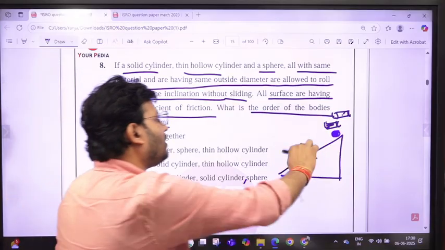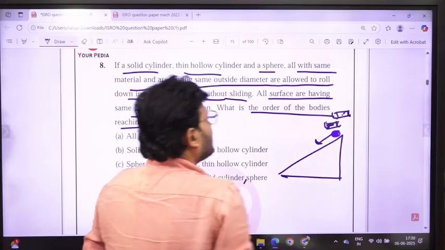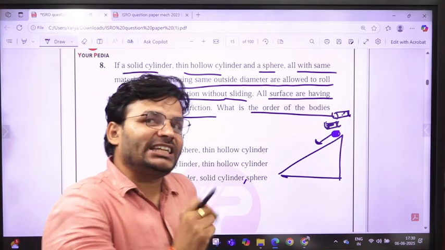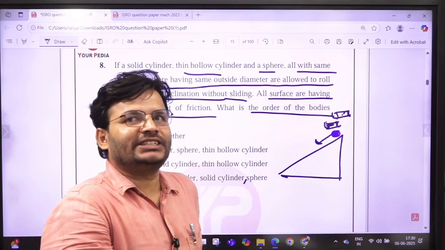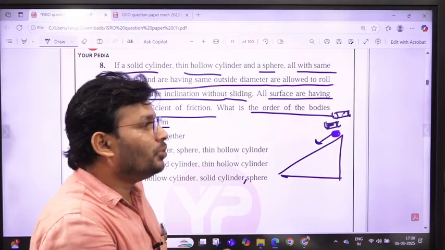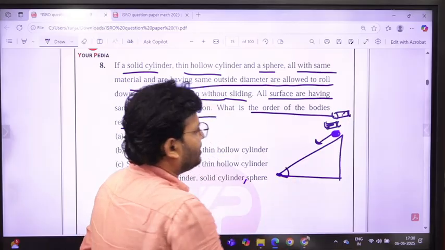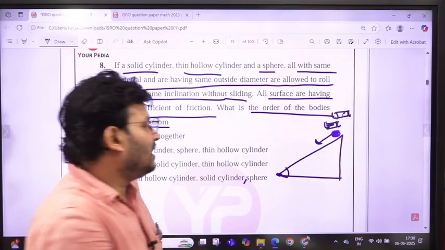Suppose I leave all three at the same time. Now the question is, which will come faster, or which will reach the bottom first?